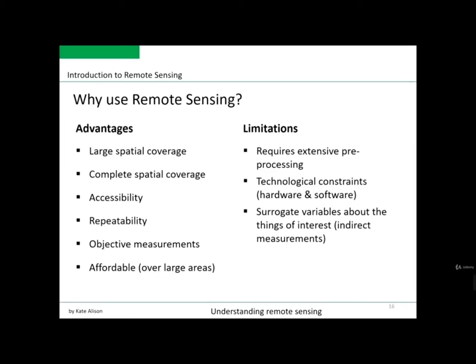There are some technological constraints. For example, you have to have specialized hardware, so you have to have a computer or laptop and software capable of doing remote sensing or geospatial or geographic information system analysis.